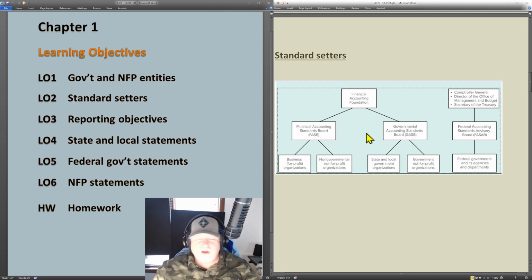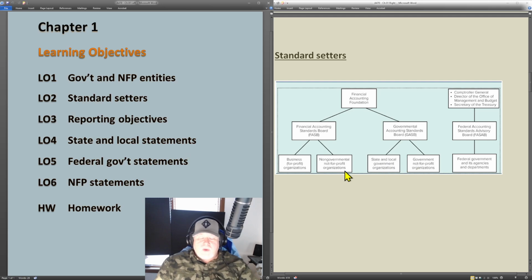Okay, so hopefully you can see my cursor now. Now we just mentioned the Financial Accounting Standards Board, FASB, and the GASB. And you notice this one we'd already been dealing with. FASB oversees for-profit organizations. GASB deals with state and local governments.